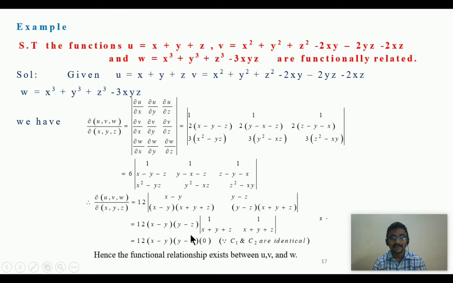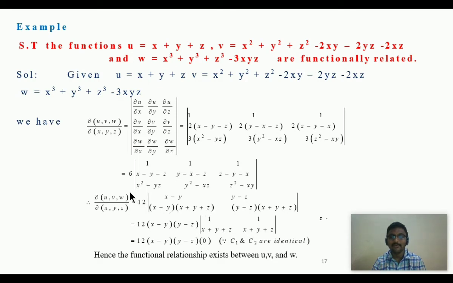So we will have two columns identical here, that is C1 and C2 are identical. C1, C2, C3 denote the columns, R1, R2, R3 denote the rows. So clearly two columns are identical. We know the property of determinants, that if any two rows or two columns are identical, then the determinant value is 0. So clearly the determinant value is 0 here.